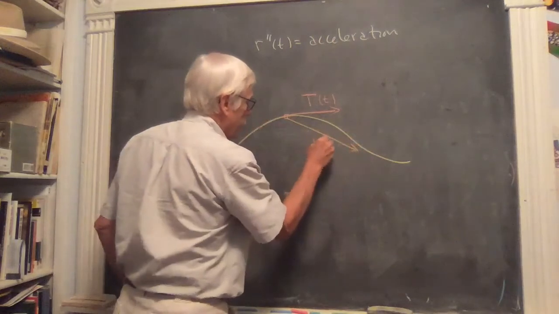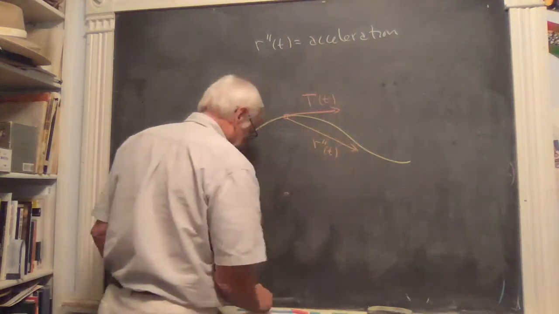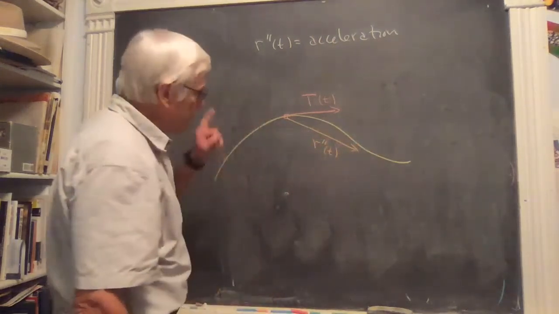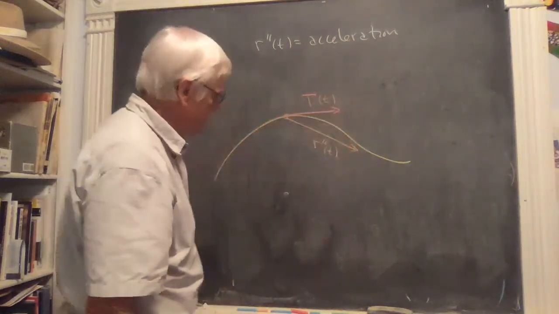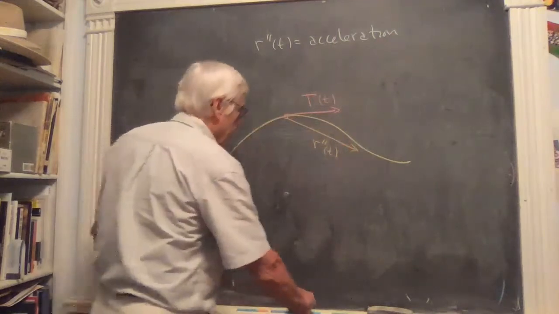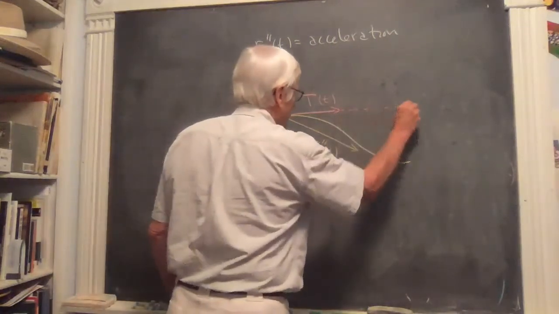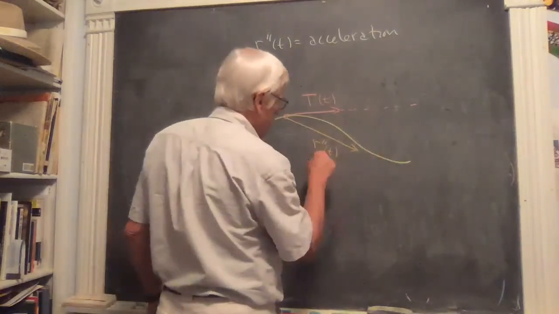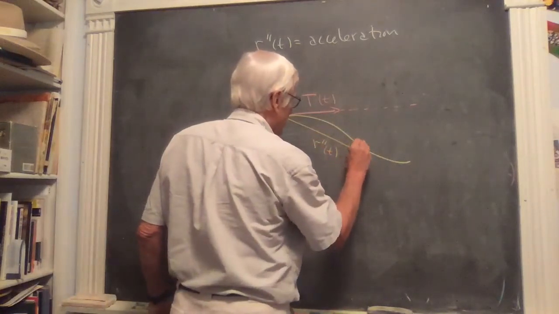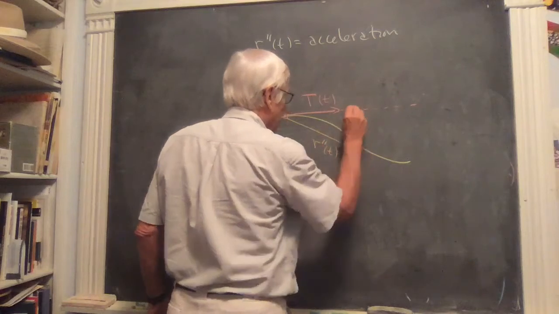So this is r double prime of t. And some of the acceleration is in the forward direction here. And I'll just extend this a little bit. And you can determine how much of the acceleration is in this direction by projecting onto here.